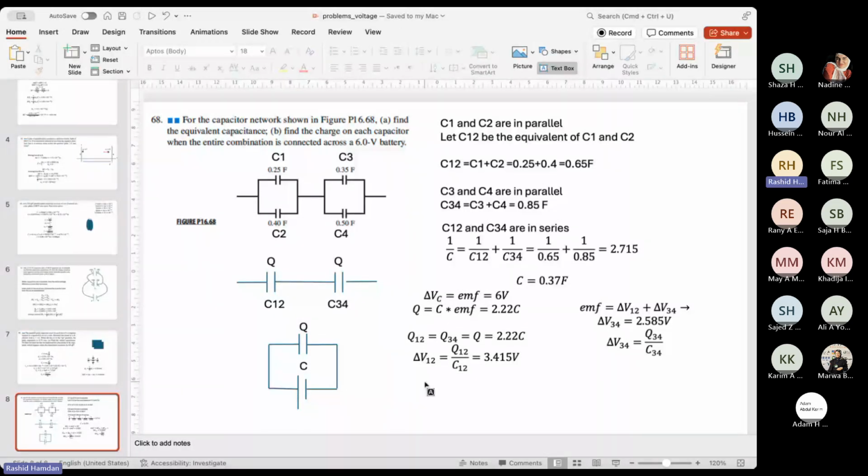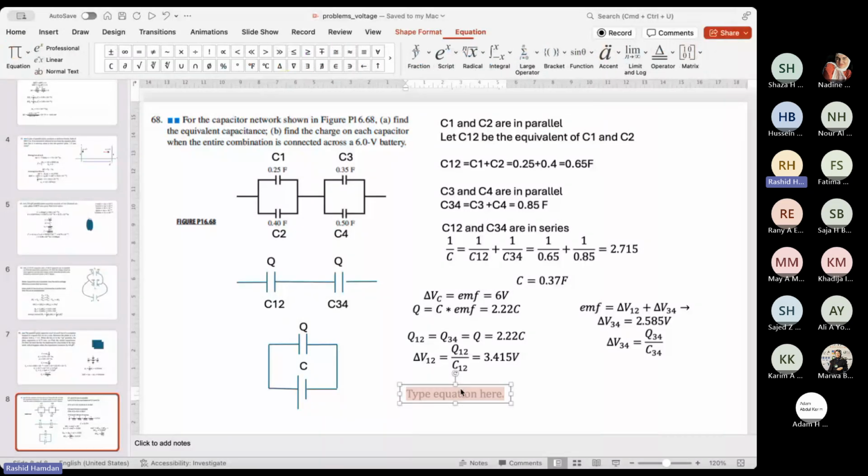So delta V1 is equal to delta V2, equal to delta V12, which is equal to 3.415 volt.